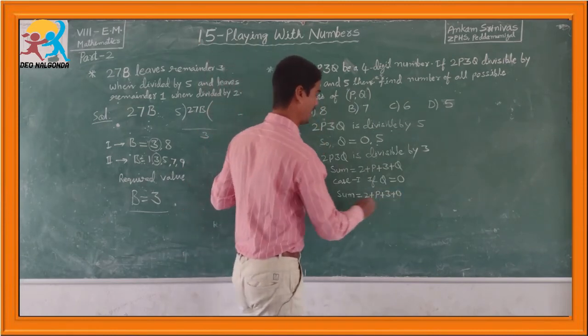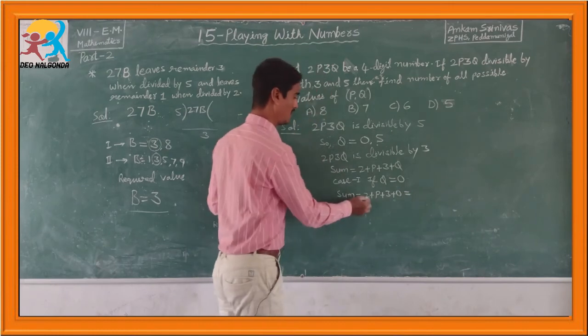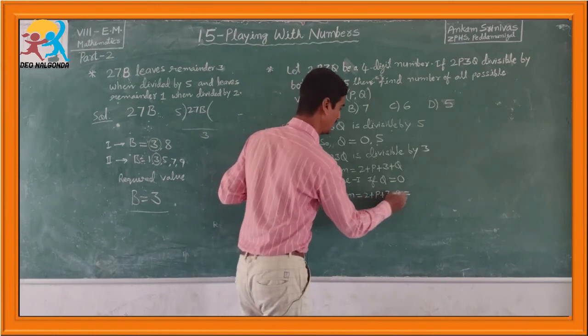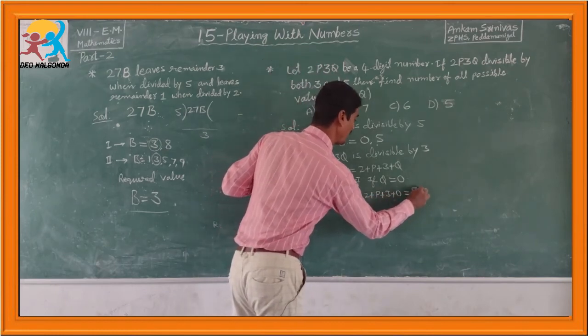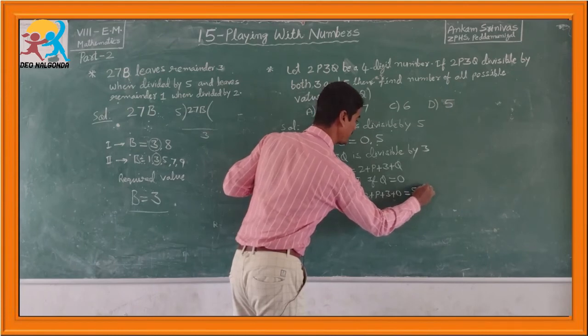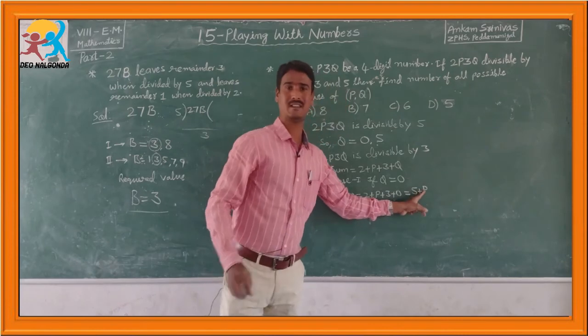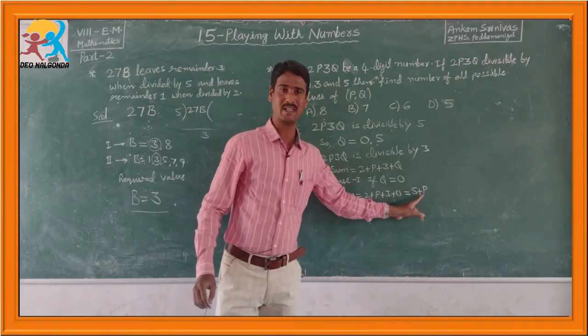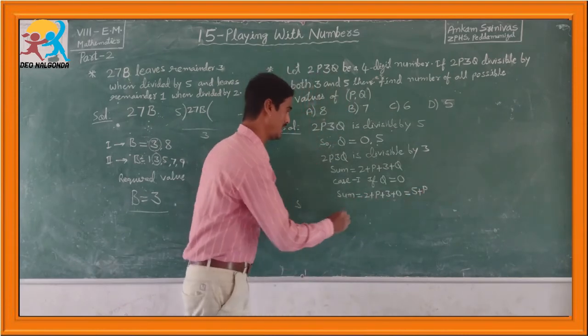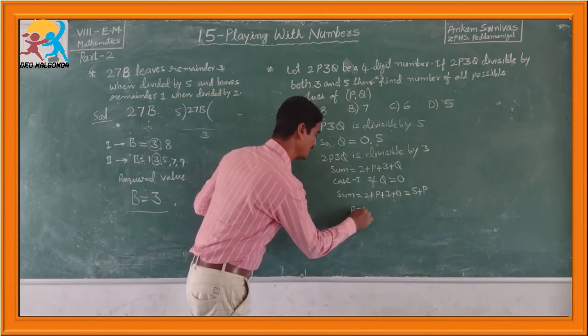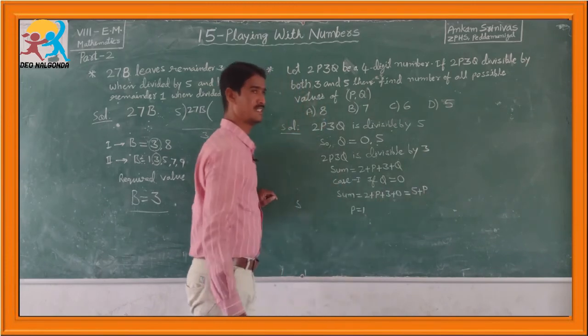So my dear children, here we get 2 plus 3, 5, plus p. This sum should be divisible by 3. If I take p equal to 1, it becomes 6.